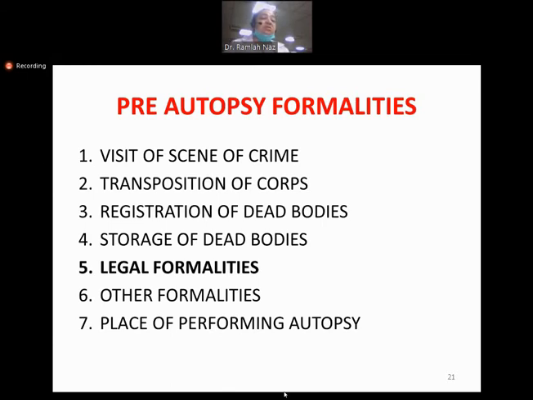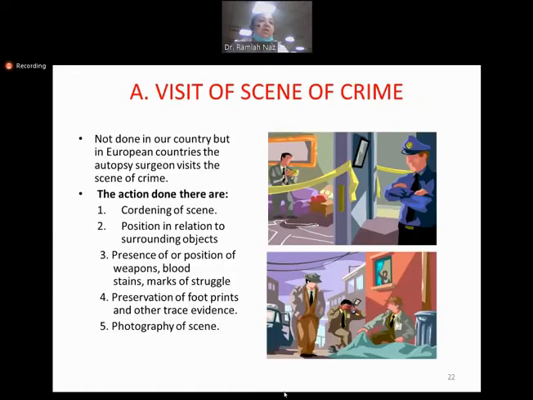Basically, we want to take out this particular section from you. Pre-autopsy formalities consist of visit to the crime scene, transportation of the corpse, registration of the dead body, storage of the dead body, legal formalities, some other formalities with the legal formalities, and place of performing the autopsy. Now take it one by one.